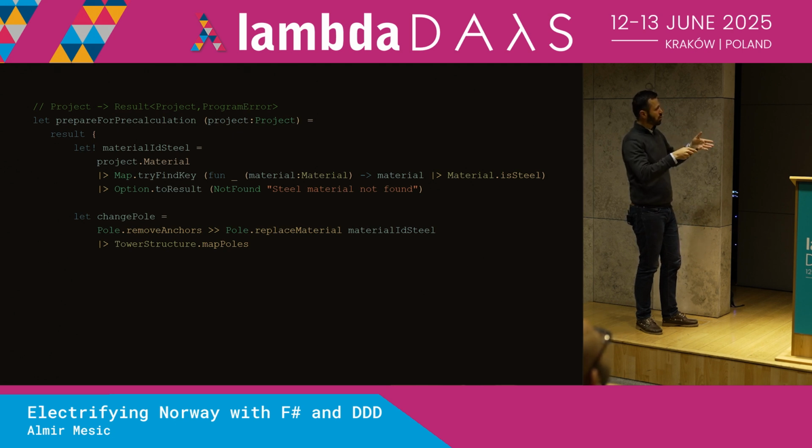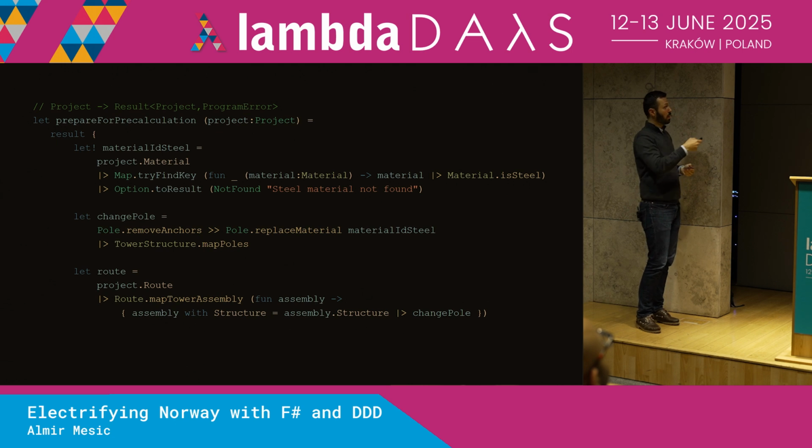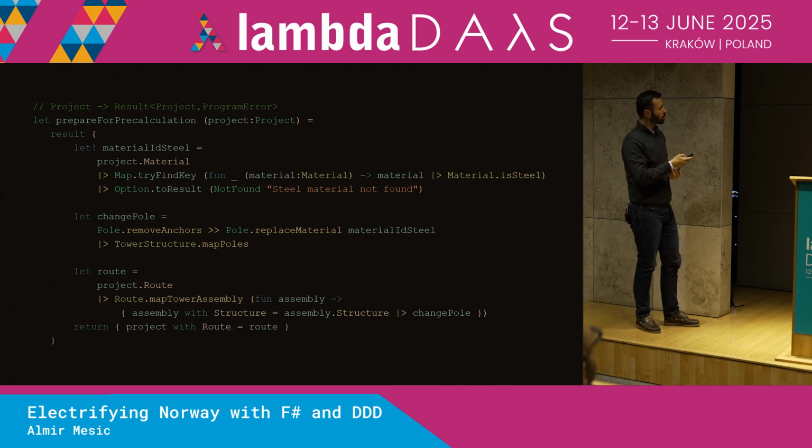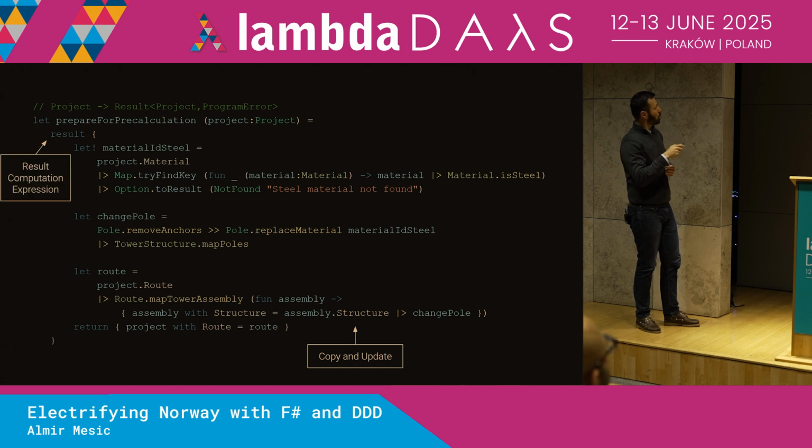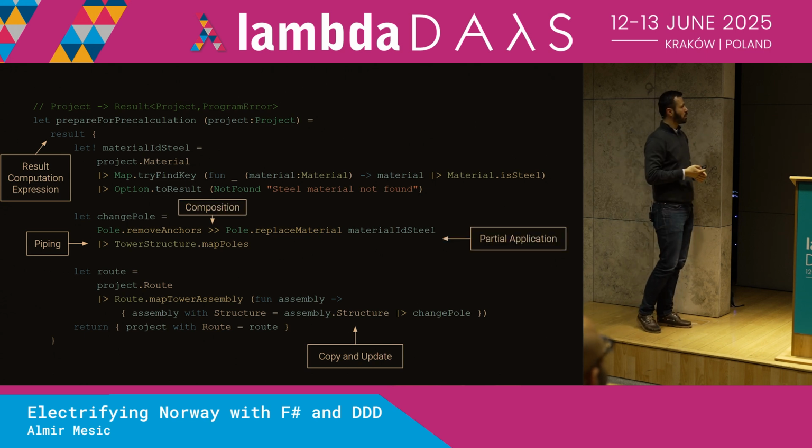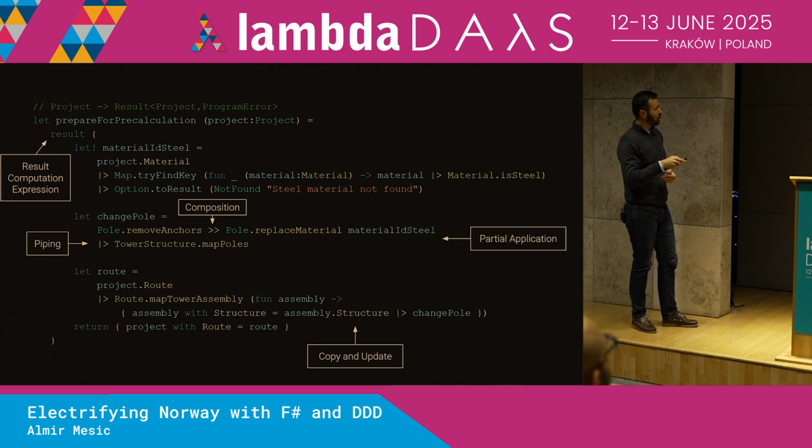Then we partially apply that function, and we use the copy and update function in F#. Then we apply the updated sequence of towers in the root of the project. To summarize: copy and update, the result computation expression, piping, composing two functions, partially applying the composed function, and using bind with the bang operator here.